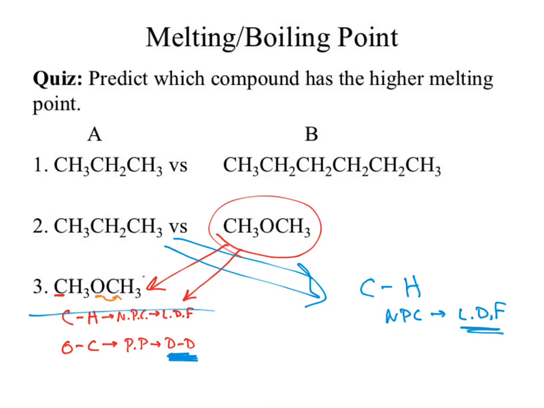B has a larger structure. Because there's a larger structure, there is more opportunity for it to interact with other structures. That results in more interactions, which results in a higher melting point or boiling point.